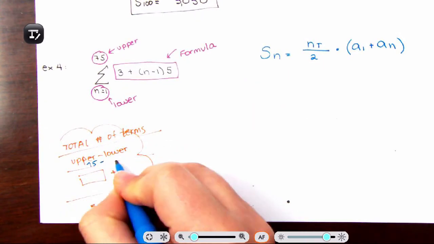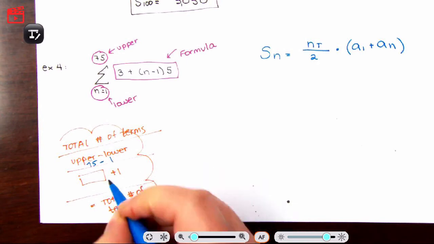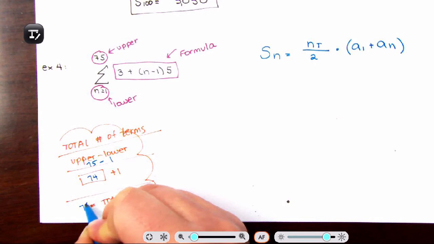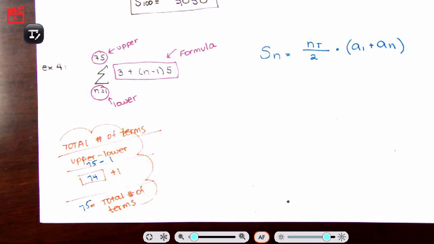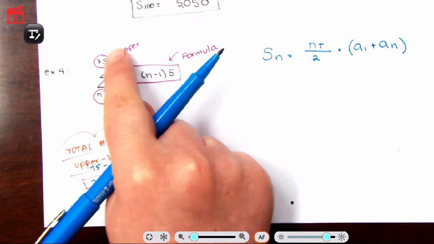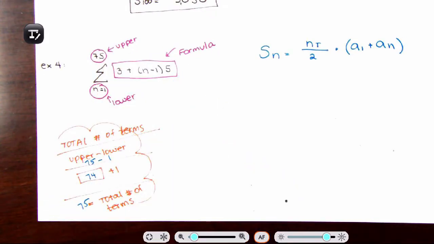My lower limit is 1. So I have 75 minus 1, that is 74, plus 1 is 75. It just so happened in this example, because my lower limit was 1, that I still remained with 75 terms that I'm adding, because I started with position number 1 and I'm ending with position number 75.